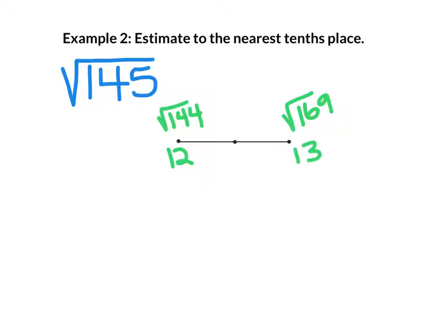Halfway between 12 and 13 is 12.5. 145 is a little after 144. So a good estimate would be approximately 12.1.